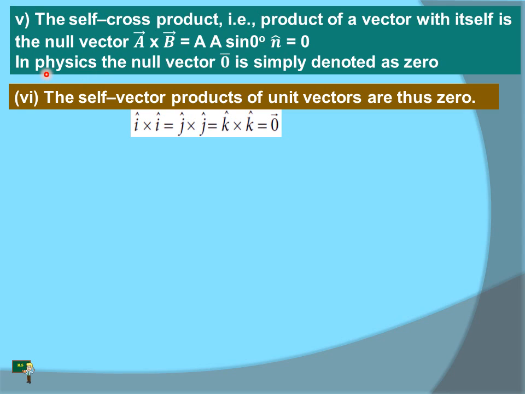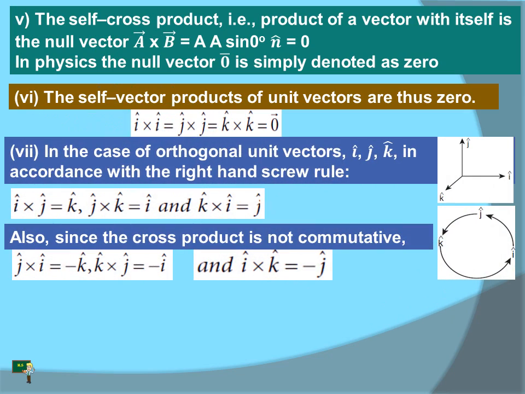In physics, the null vector, zero vector, is simply denoted as 0. Sixth one. The self vector products of unit vectors are thus 0: i cap cross i cap, j cap cross j cap, and k cap cross k cap are all equal to 0.